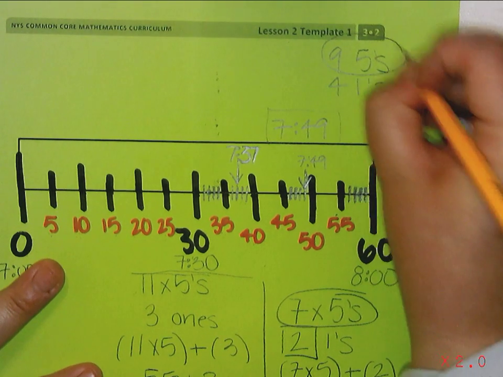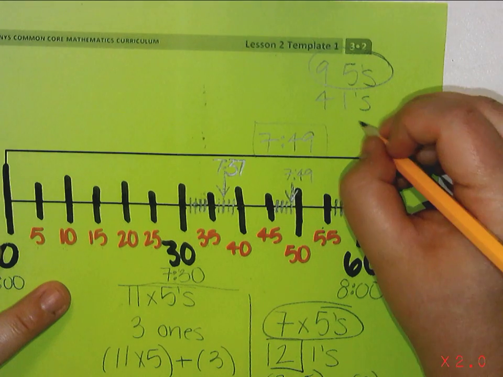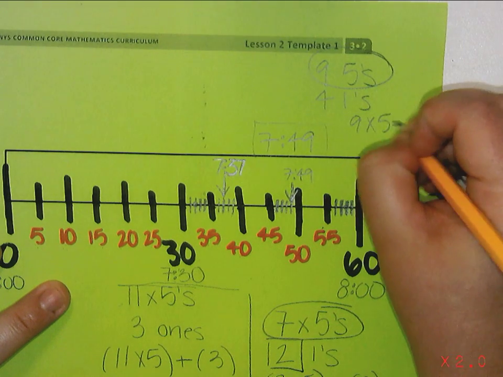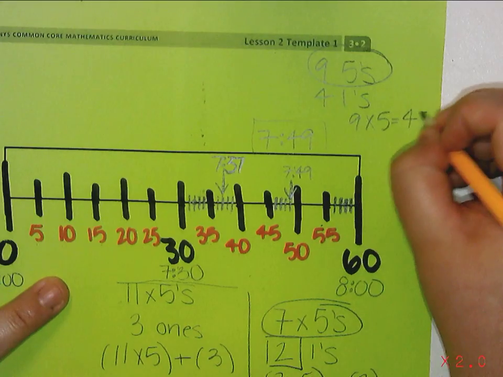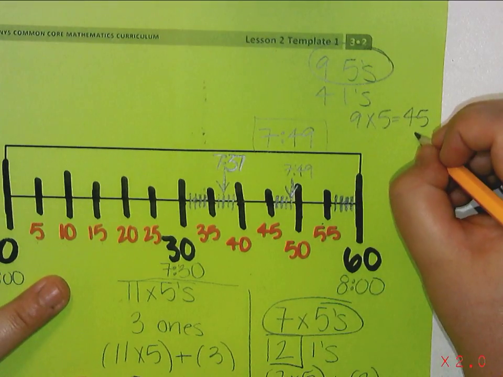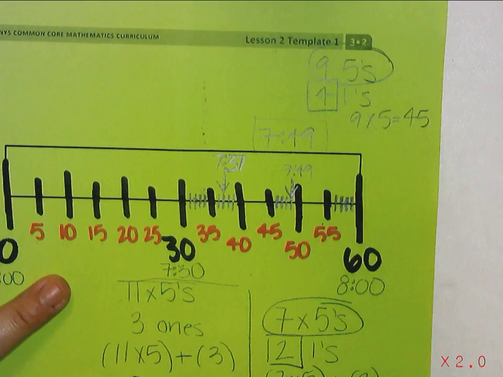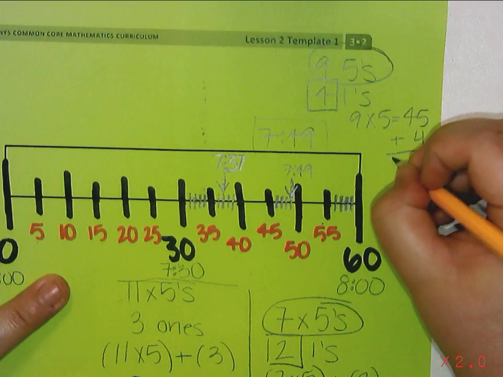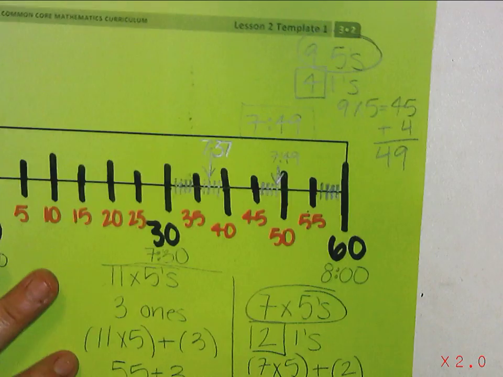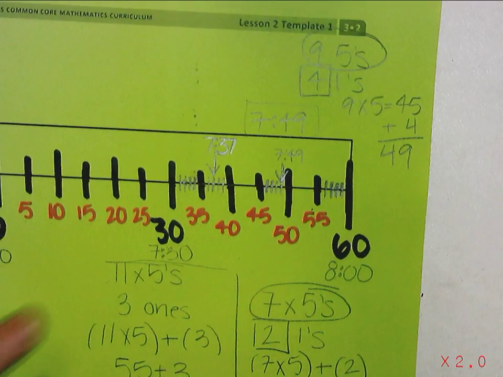So I'm going to circle these because I'm going to multiply 9 times 5. Oh, that's a tricky one. 45. Okay, and then I'm going to box my 4 because that's what I'm adding. 5 plus 4 is 9. Bring down my 4. My answer is 49. Awesome. Feeling really good about this.